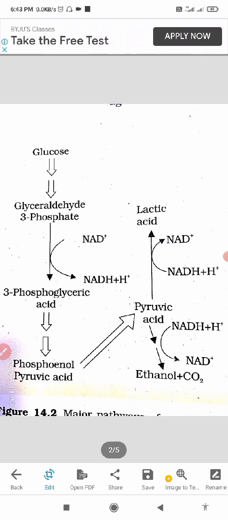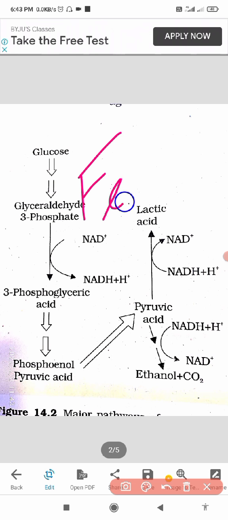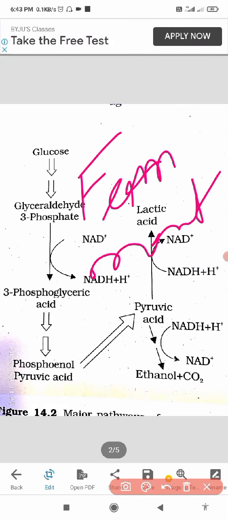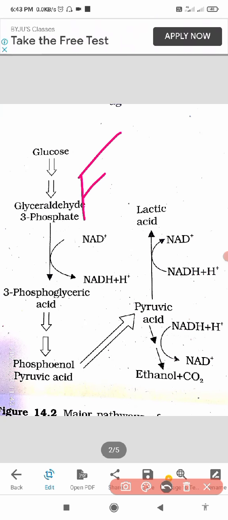This is fermentation. I hope that glycolysis and fermentation are clear to all of you.